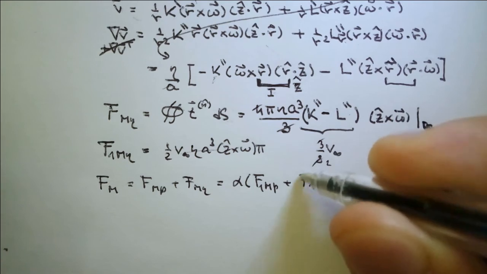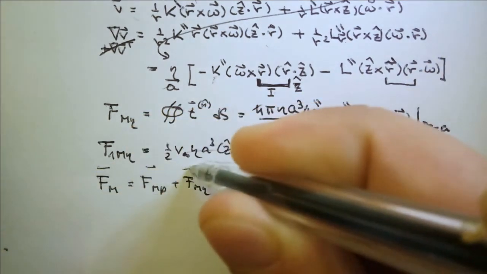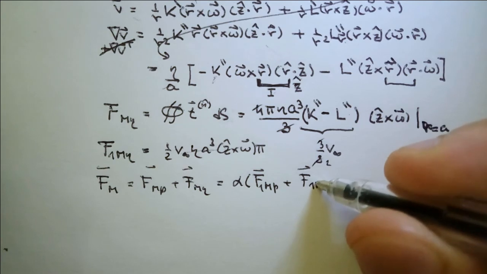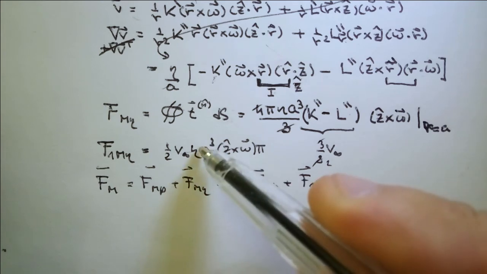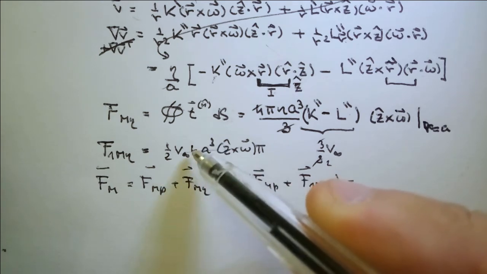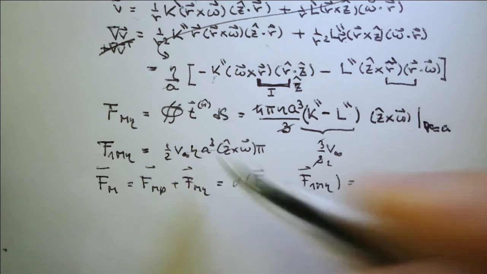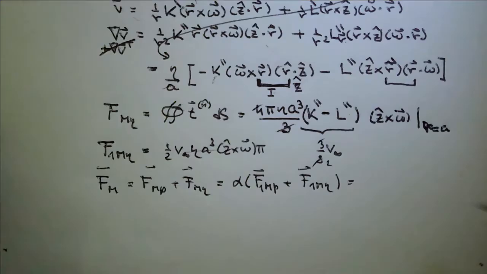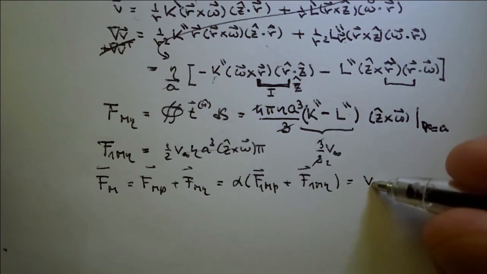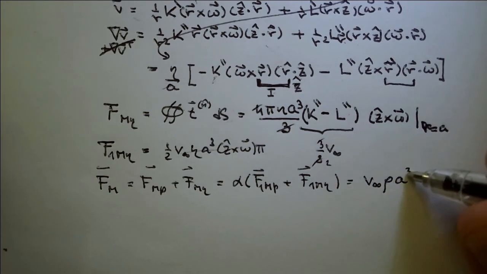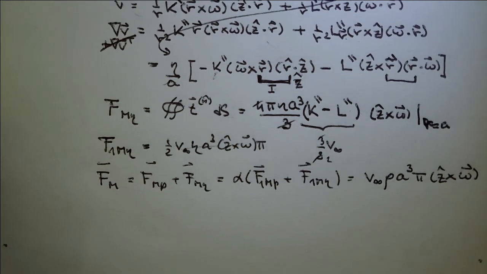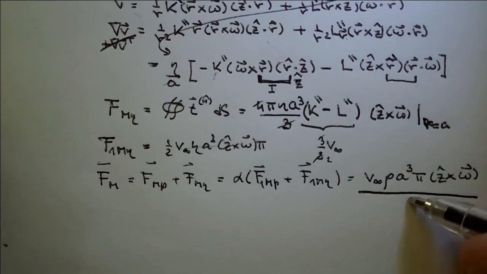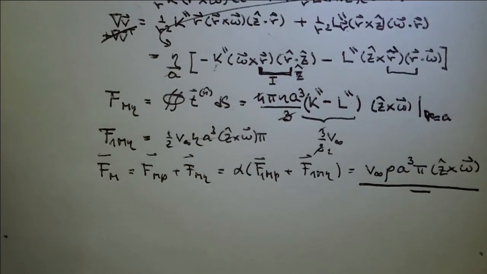F m p plus f m eta, these are all vectors, and you will get eta times rho divided by eta, so this will replace this, we can replace by rho, so it's 1/2 plus 1/2, which is just 1, so it's v infinity rho a cubed pi z hat cross omega vector, and this is the Magnus Force in its whole glory.